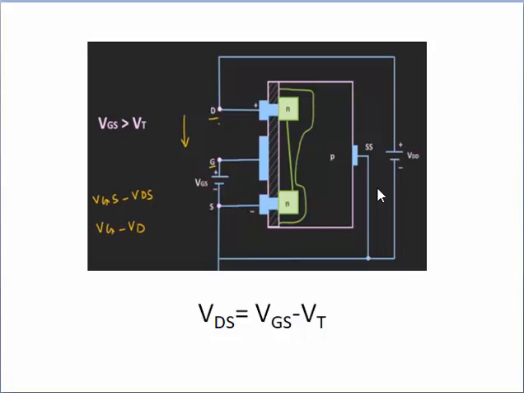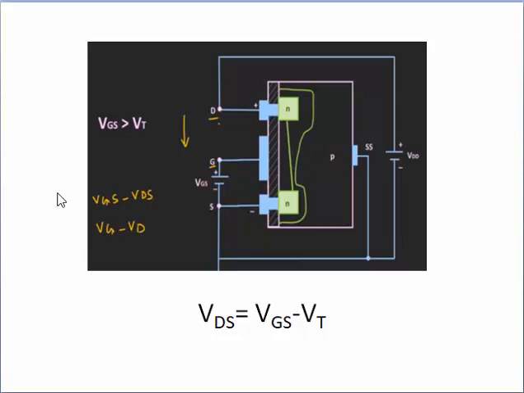So for a fixed value of VGS, if we further increase VDS, then the difference between gate and drain terminal will be even less than the threshold voltage. Due to that, the channel will not get formed towards the drain terminal, so the current through the channel should become zero.